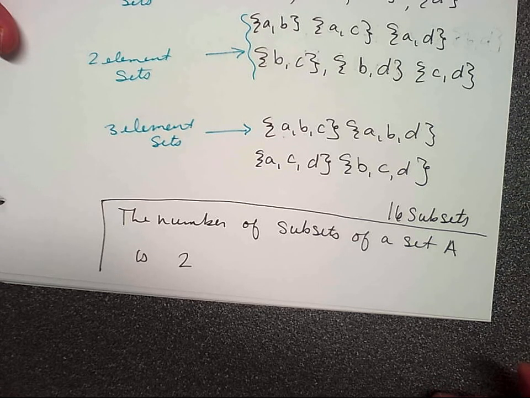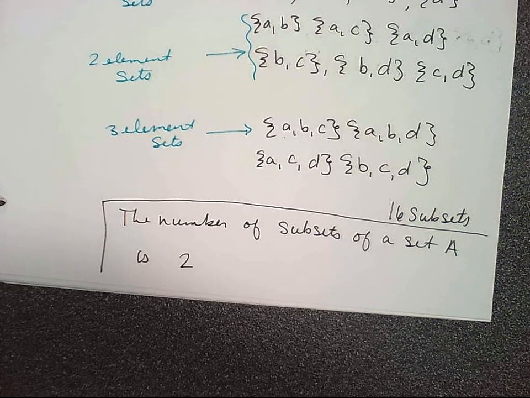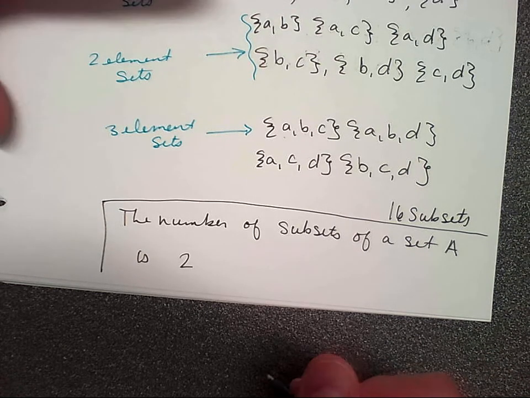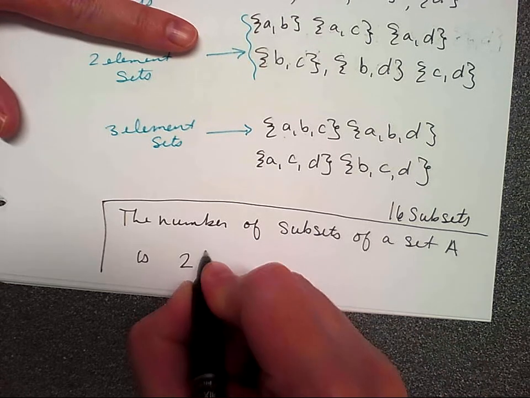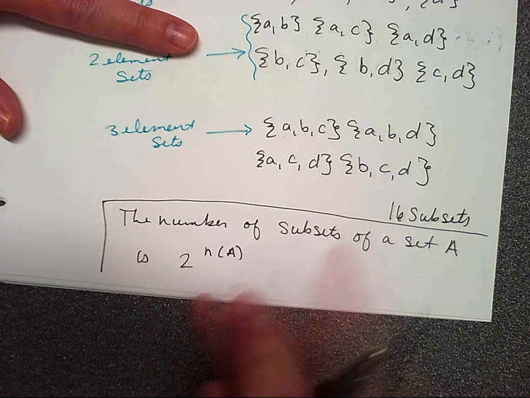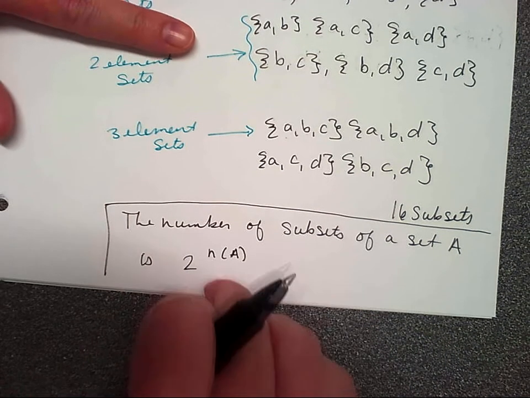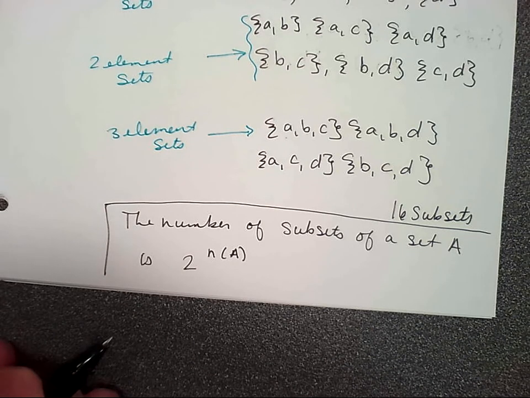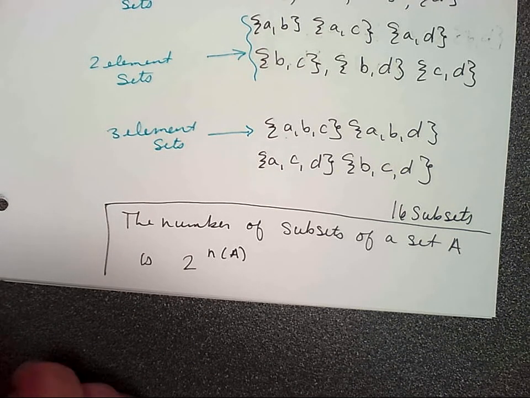What is it? How do I know the number of elements of my set? Which is what? N of A, right? That's the cardinal number of A. That's the number of elements of my set. Really good. You guys figure that one out on your own, right?